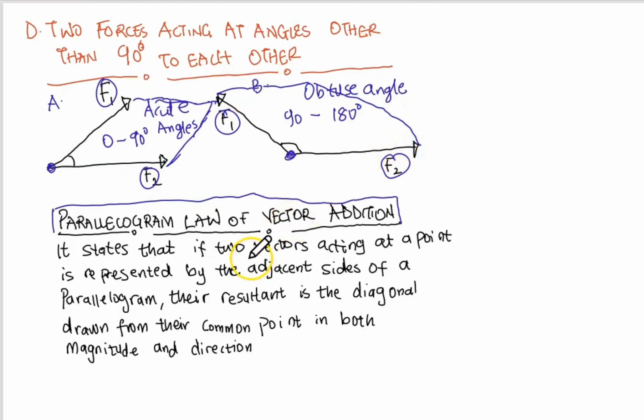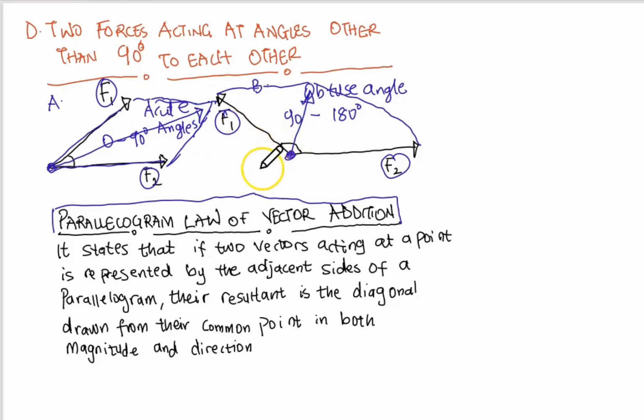So if we have two vectors represented by the adjacent sides of a parallelogram, meaning this side is close to this side, their resultant is the diagonal. The diagonal runs from one end to the opposite end, a straight line. The same thing for this case, we have a diagonal here.